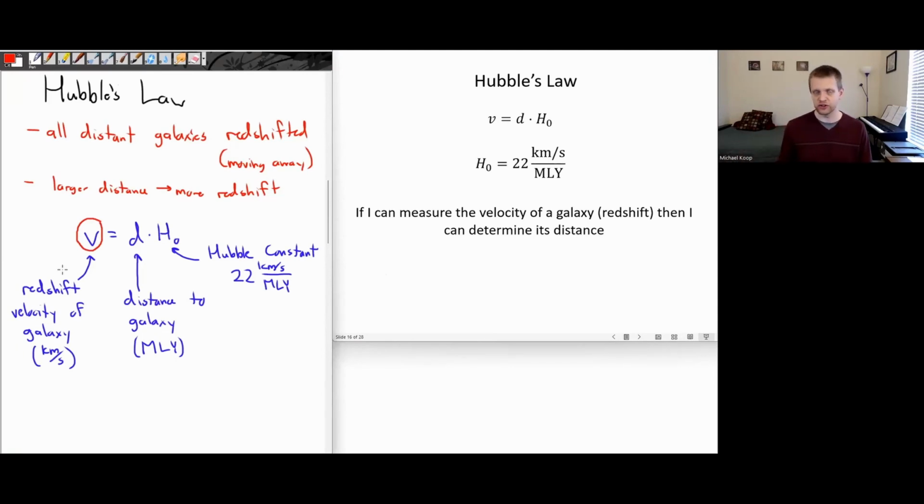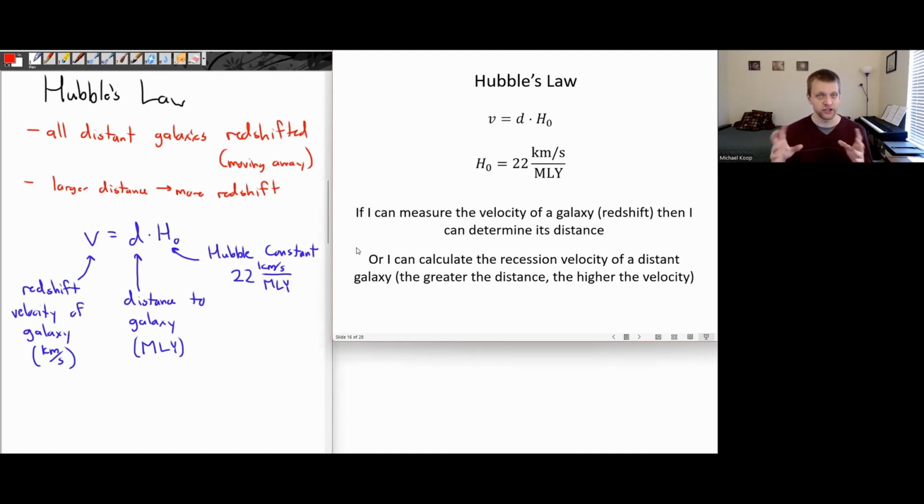So if I can get the spectrum, identify those spectral lines, measure that redshift velocity or that radial velocity, then I can figure out the distance. Basically, divide both sides by the Hubble constant, by this 22 kilometers per second per million light years. And that will give me the distance to that galaxy in millions of light years.